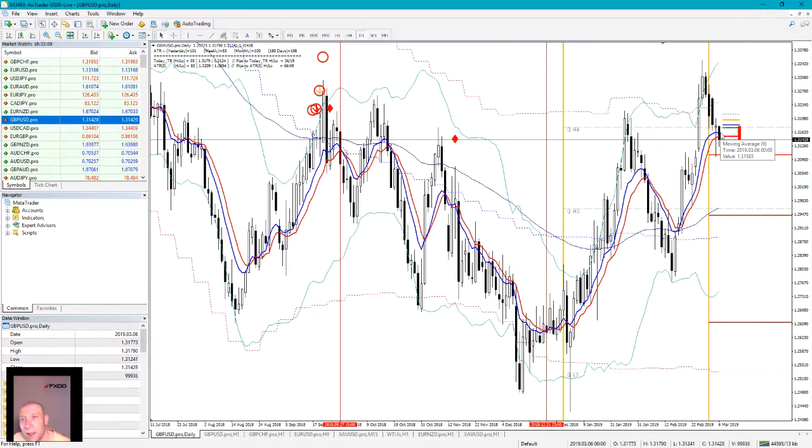Moving averages on Camarilla MACD should be aligned on daily and 4 hour time frame. Daily is not aligned. Blue is above red, while 4 hour red above blue. If daily had red above blue, then we would have entered 1 hour trade because it would have printed out the signal. So that's it. That is why we haven't received a signal on this template, or on this pair, GBP dollar. Only that was the reason.